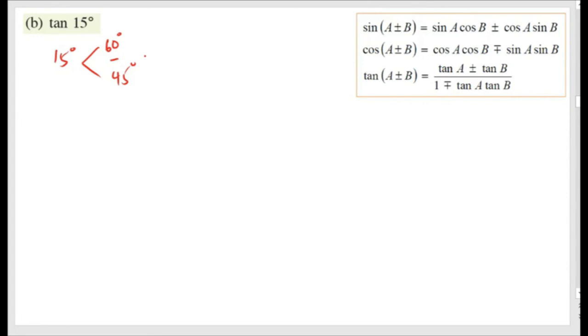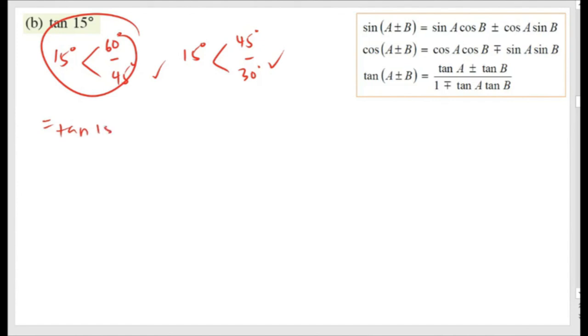You use 60 minus 45 also can. Same thing, later you get the same answer. Both can, but today I use this one, because I did it already. You can try the other one later. Okay. So tangent 15 degrees equal to tangent of 60 degrees minus 45 degrees.